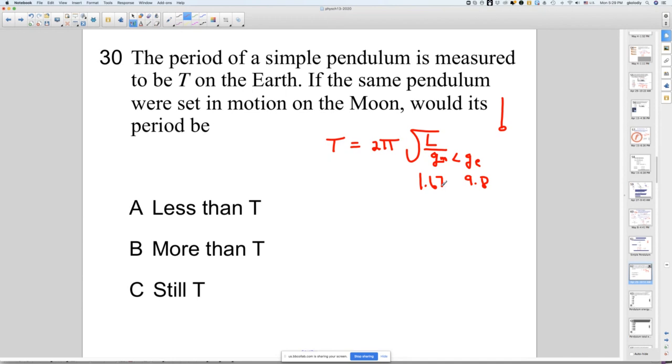So what would be the period of a pendulum on the moon compared to on Earth? Would it be less, more, or still the same? Well, obviously this equation makes the denominator smaller, which will make the period bigger.